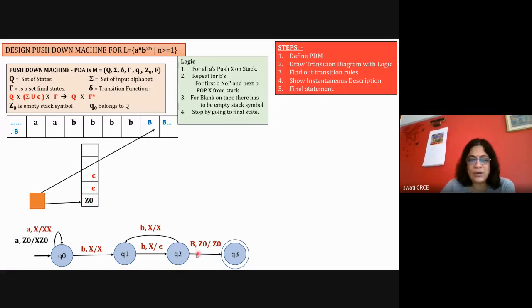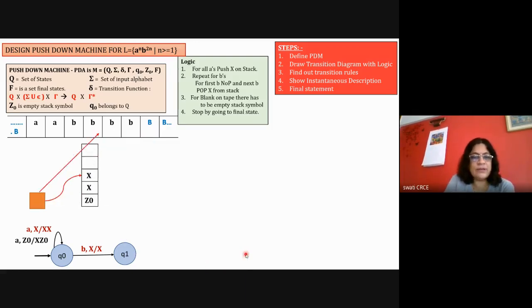But I found this more logical, so I'm not erasing the Z0 symbol, though in some of the books you will find them ending the problem this way. But I'm going to the final state in all my designs. So with blank and Z0, it will go to the final state and stop here. Okay, so this way it is working.